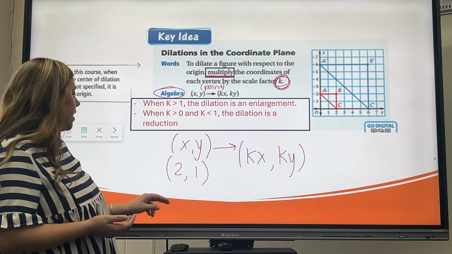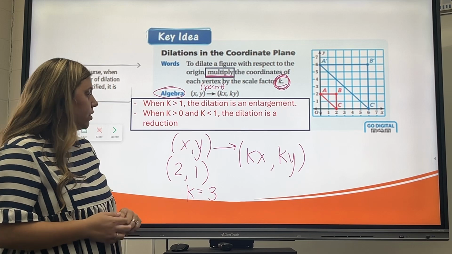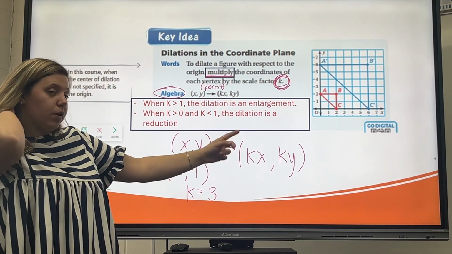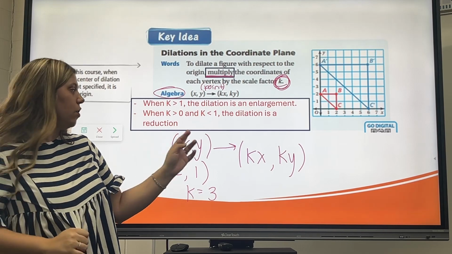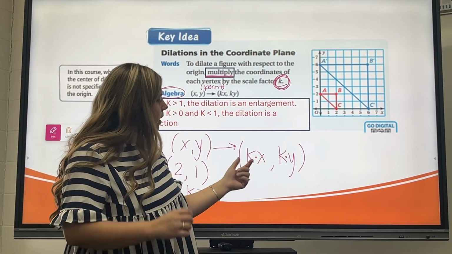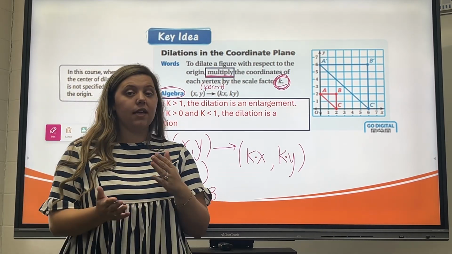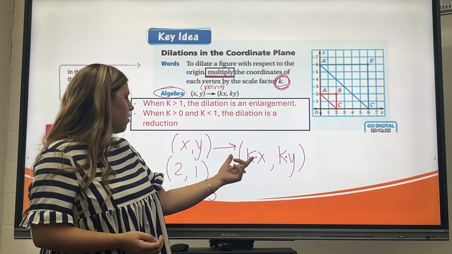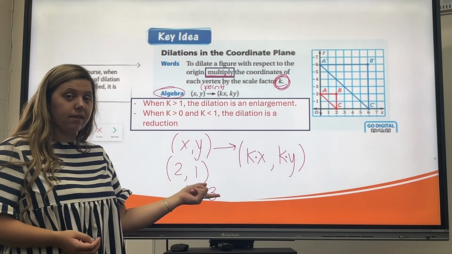And they might say that k, the scale factor, is 3. Now what this is saying, remember when we have a variable next to a number or something like that, this means multiplication. So what's happening is kx means k times x, and ky means k times y. So we're taking whatever our x and y are and multiplying them by k, the scale factor.